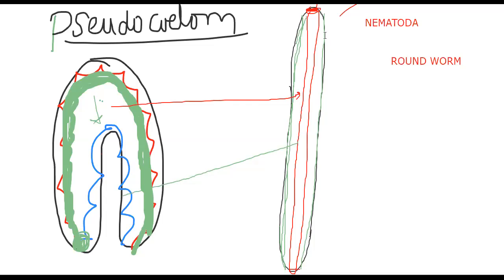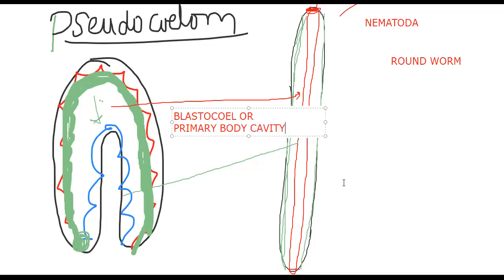The cavity is the blastocele or primary body cavity, which is the embryonic cavity, and it still remains in the adult. Why does it still remain in the adult? Because the mesoderm went only towards the ectoderm side. That's why the embryonic blastocele remains in the adult.